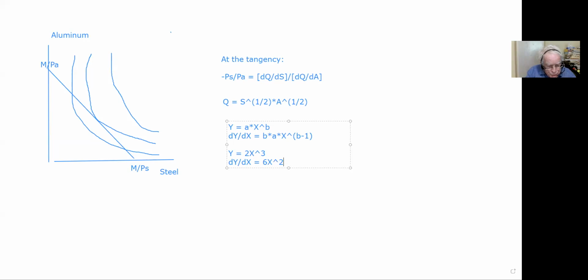So all we have to do is to apply the general power rule. All right, so now we can apply the rule to determine the marginal products of steel and aluminum in producing automobiles.